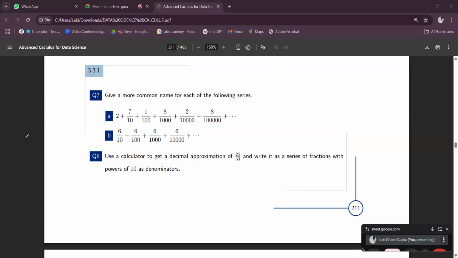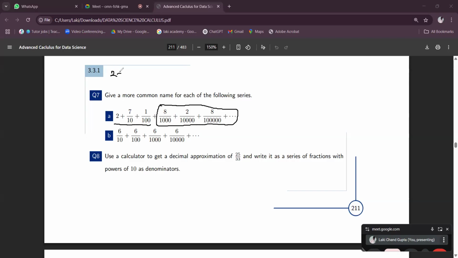So you can do one thing. Suppose you start from here. Okay. So an alternating series is there. So first add all these.